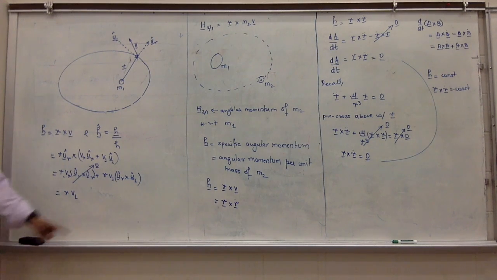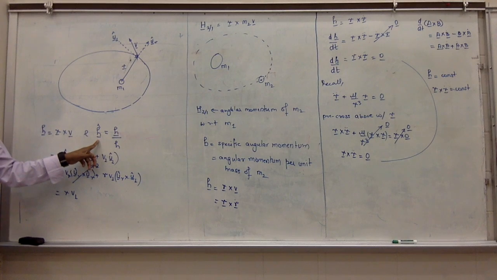Which direction? UR crossed with U perpendicular gives Z. Here, the direction is the H direction.